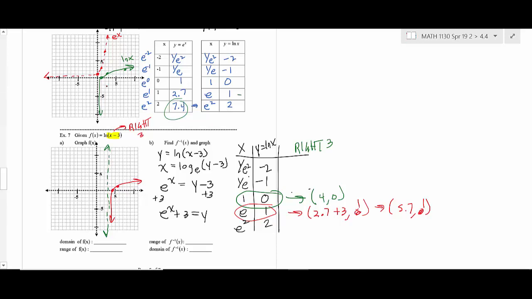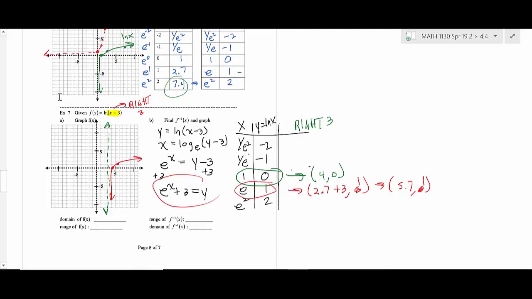If you went through and did the other function, if you did the inverse, it would just be e to the x, but everything would be up 3. I'm not going to do that on that problem, but you could, okay? So if you look at the domain on this, let's look at what the domain of the log is.